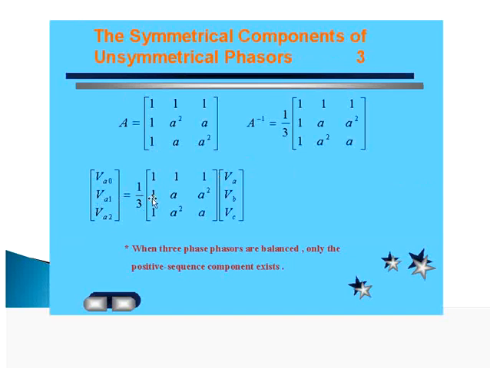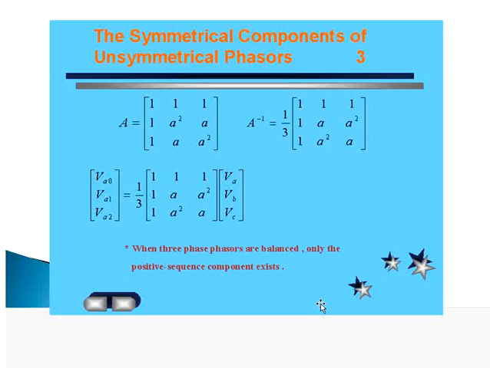When three phasors are balanced, only the positive sequence component exists. That means if phase A, phase B, phase C are separated by 120 degrees, at that time you will get only positive sequence components. That means only VA1 exists, and VA0, VA2 will be 0.